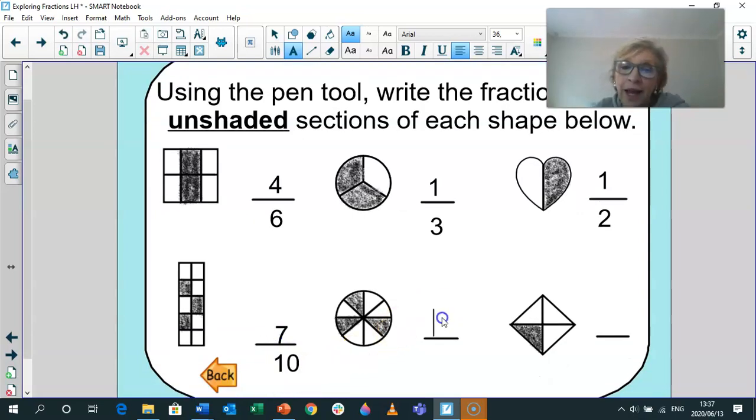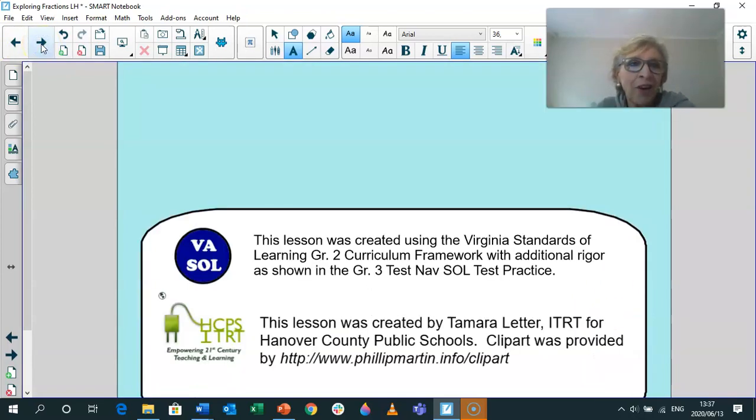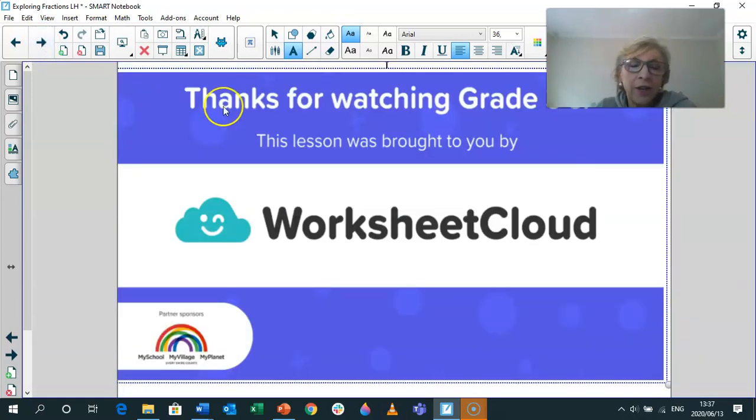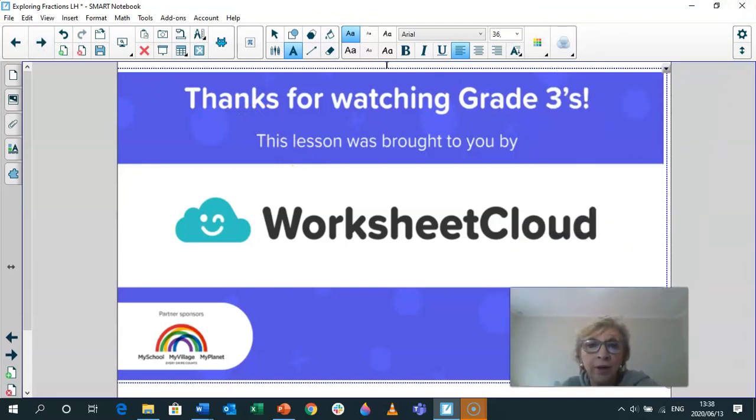Okay. And here, what is not shaded? There are 8 pieces. 1, 2, 3, 4, 5 out of 8 are unshaded. And here, 3 out of 4 are unshaded, 3/4. Very nice.